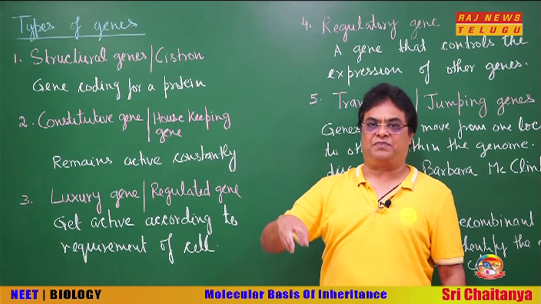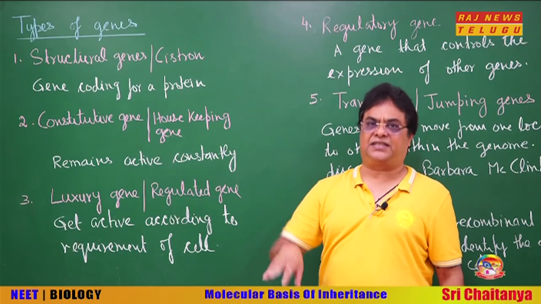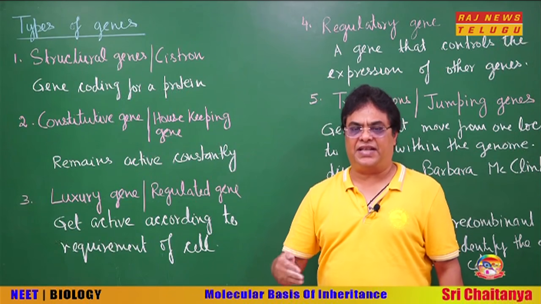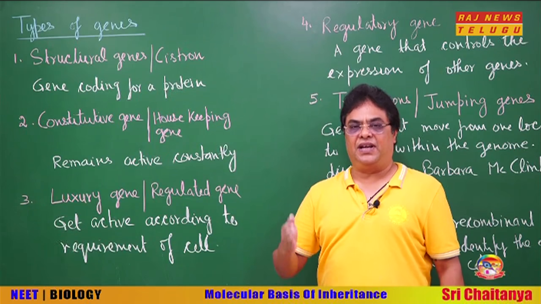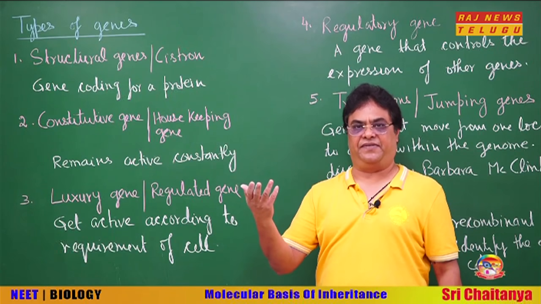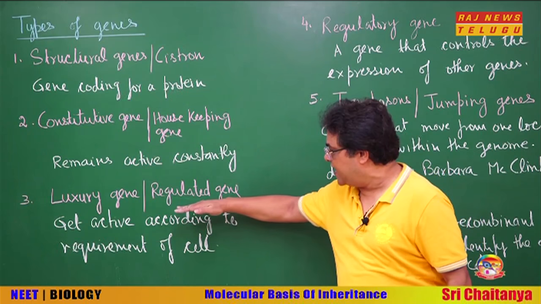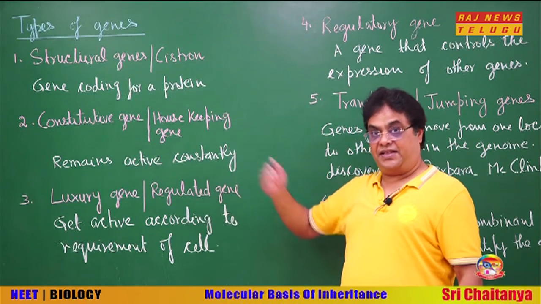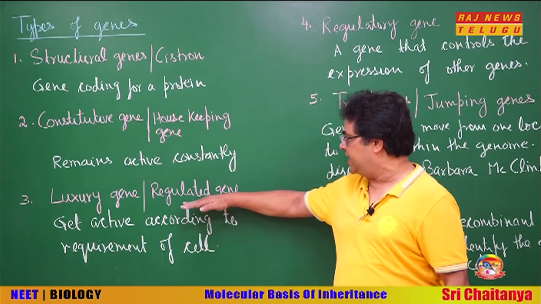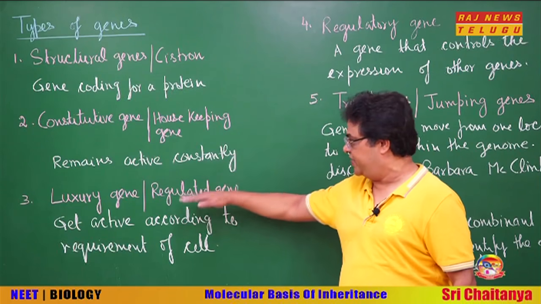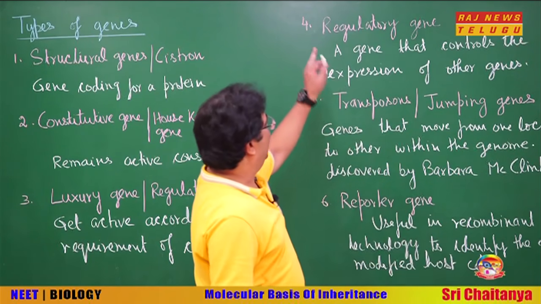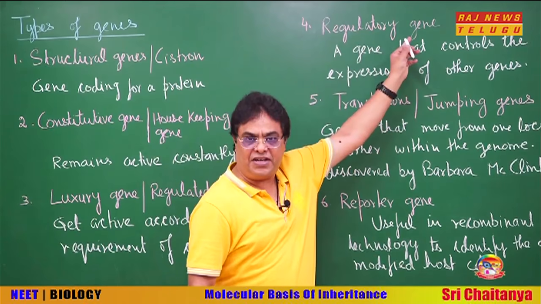But when lactose becomes available, the genes that code for the enzymes of lactose digestion become active. So, such genes are called luxury genes, and since their activity is regulated, they are called regulated genes. Next, as you can see, regulatory gene.